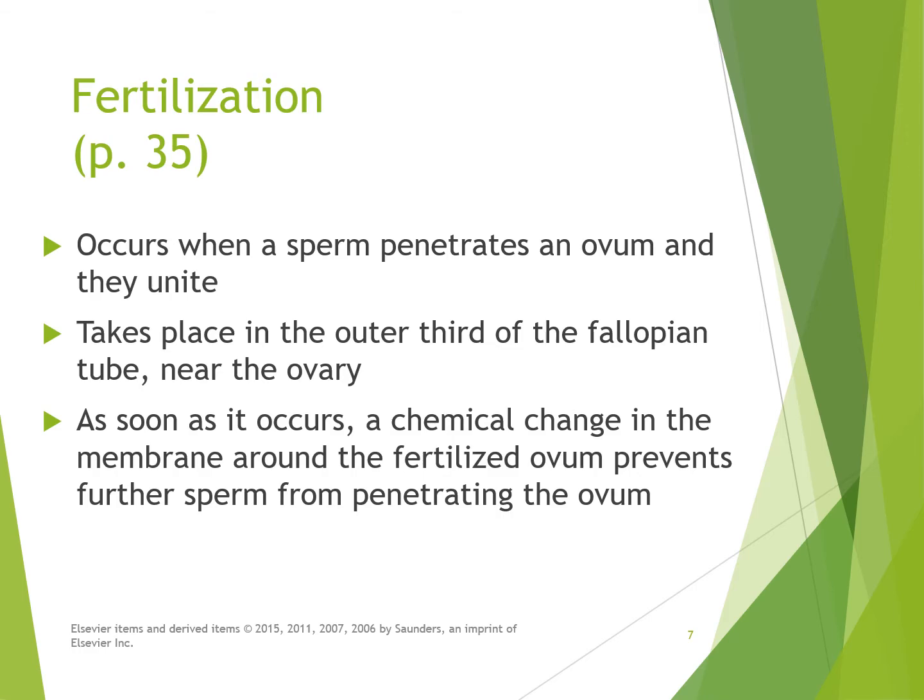When we get into multiples more, it'll be, so two eggs, mom dropped two eggs and got fertilized by two different sperm. That is fraternal twins. Identical twins are one egg that splits, so it's still one sperm and one egg. So one sperm got through, that chemical change happened, formed that membrane, so no other sperm could get through, and those sperm die off.